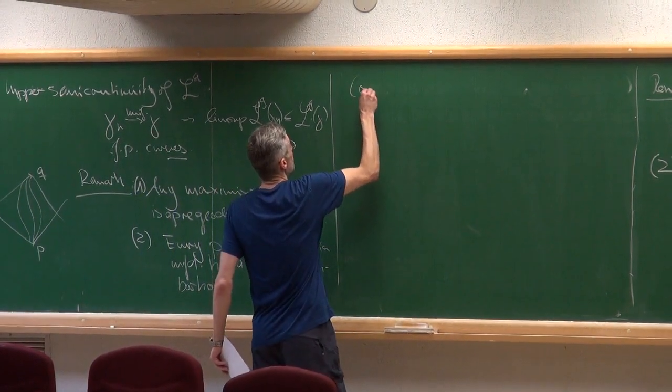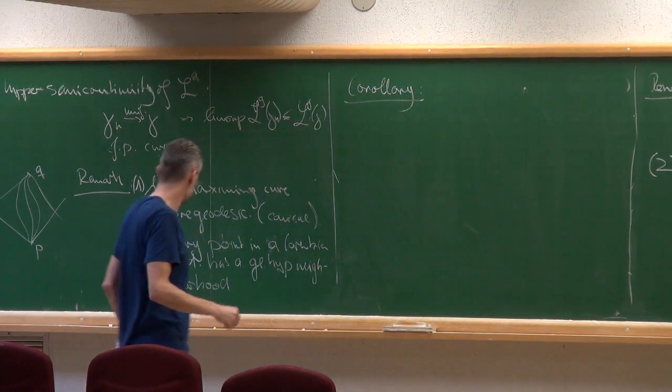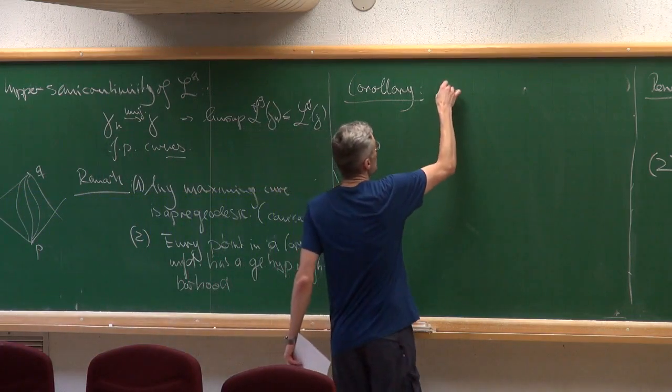Corollary. Before I was talking about this control theoretic point of view about the reachability of sets.